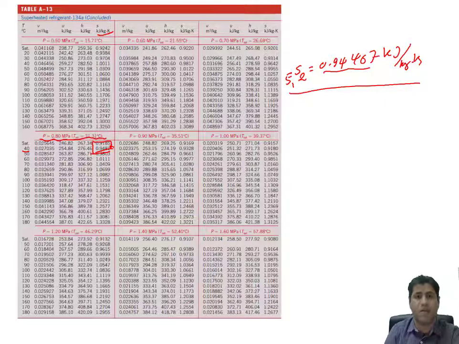So it means the enthalpy for this state is also between these two enthalpies which we have. So our enthalpy is between 267.34 kilojoule per kilogram and 276.46 kilojoule per kilogram. How can we find the enthalpy for our state?